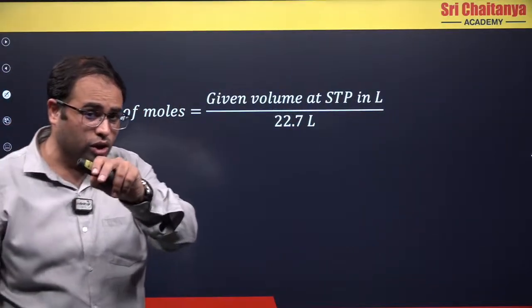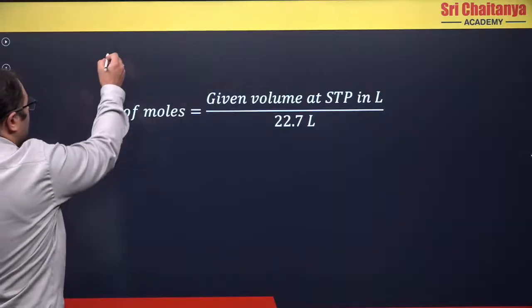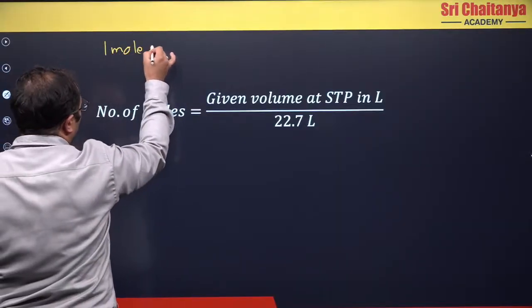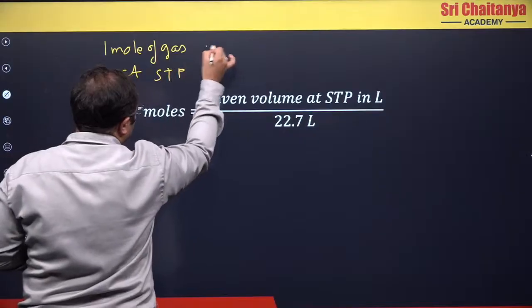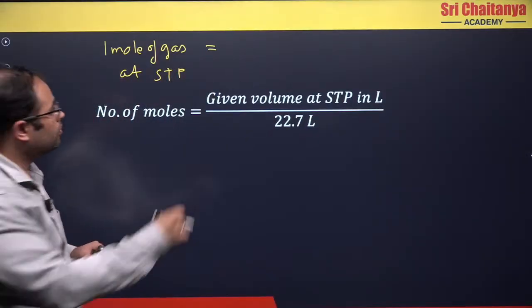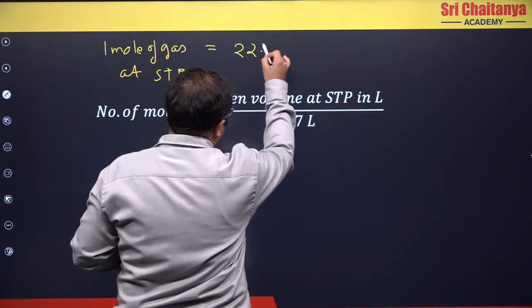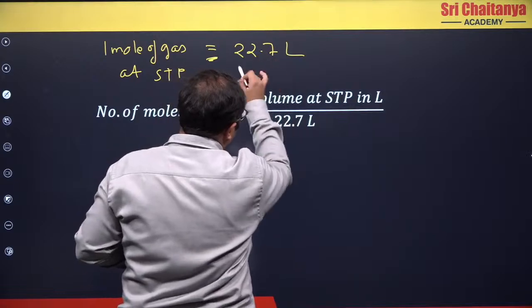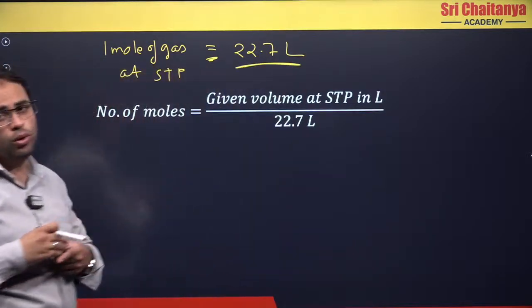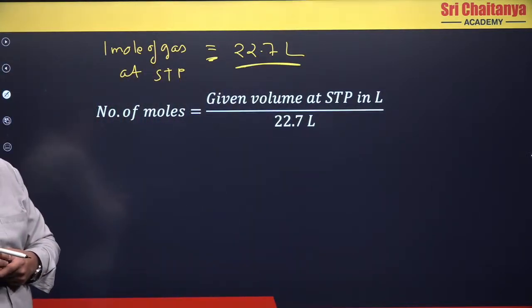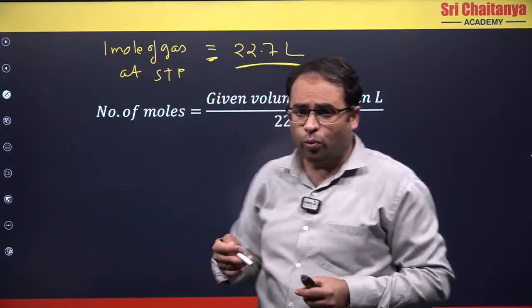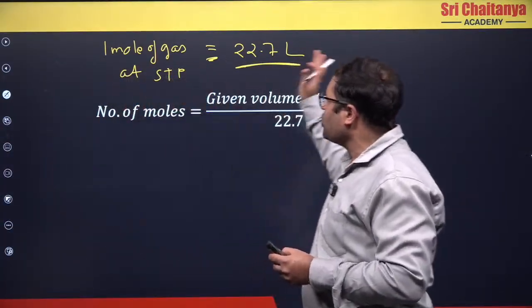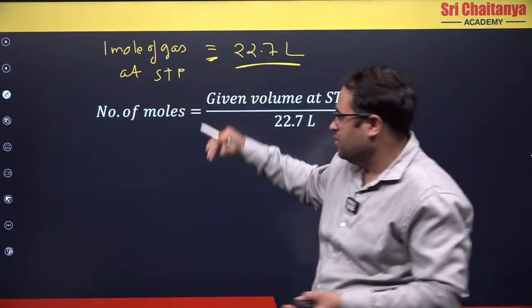Now let us move on to the logic. How do you do that? So 1 mole of gas at STP occupies, or is equivalent to, a volume of 22.7 liters, 1 mole. Then what if I have n moles of gas? How much volume will it occupy? Just multiply both sides by n.